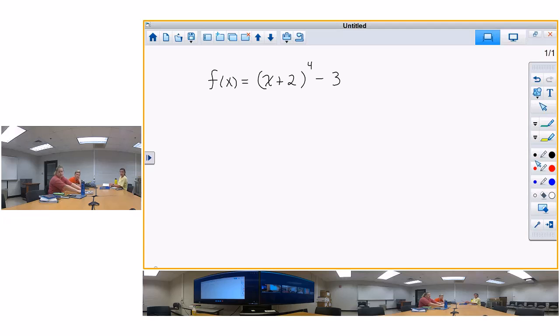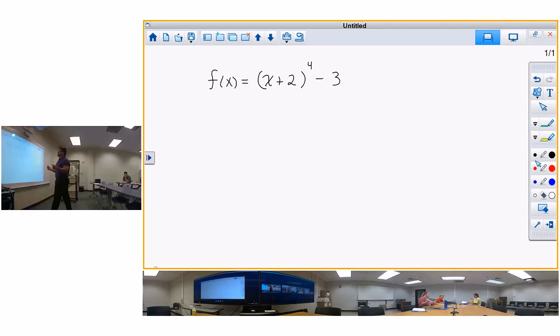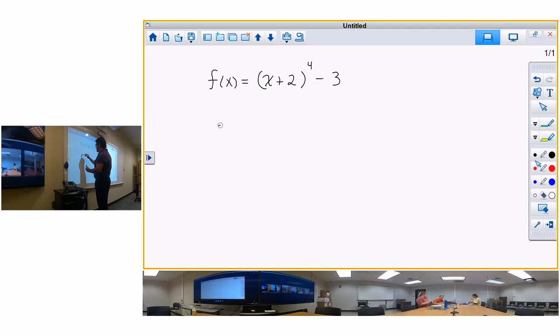They're telling you that this is a composition of f of x and g of x. And they're saying that g of x is equal to x plus 2. Therefore, f of x is equal to what? X to the 4th power minus 3.